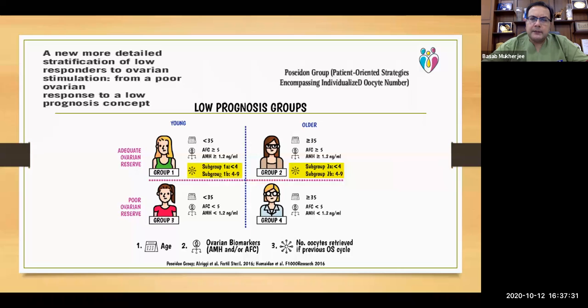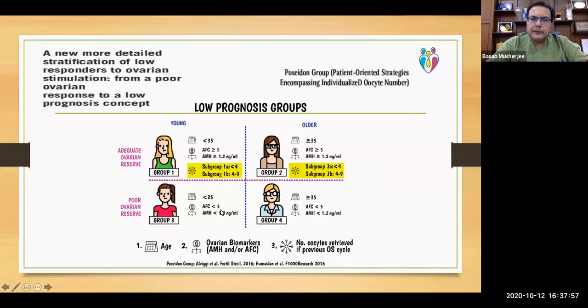And then they have subgroups within the groups. That's group 2. Group 3 has poor ovarian reserve, where her age is less than 35, but she has fewer than 5 antral follicles in the AFC count, and AMH is less than 1.2. And group 4 is where she's more than 35, and again has low ovarian reserve.